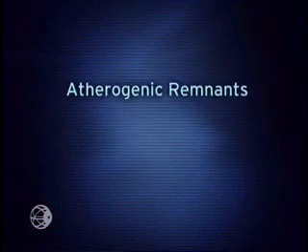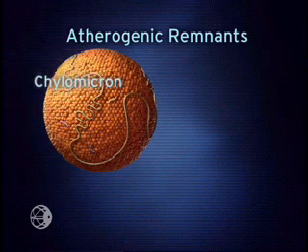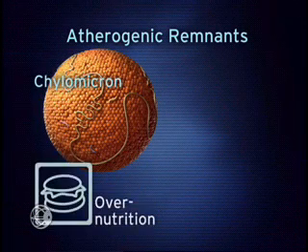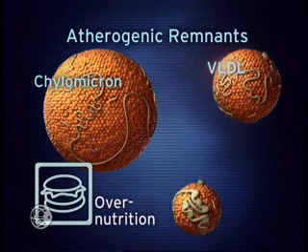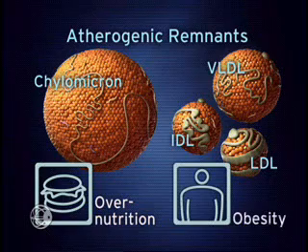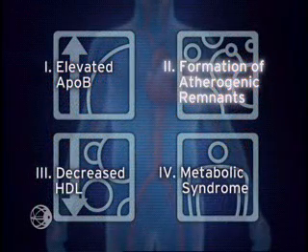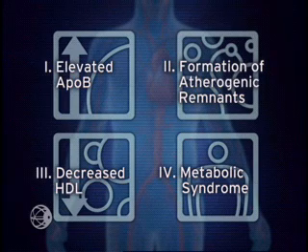Actually, elevated triglycerides signal an increased presence of abnormally modified ApoB particles known as atherogenic remnants. These cholesterol-rich particles can be formed from chylomicrons as a result of overnutrition, or from VLDL, IDL, or LDL associated with visceral abdominal obesity. Let's examine the mechanism of atherogenic remnant formation using VLDL as an example.